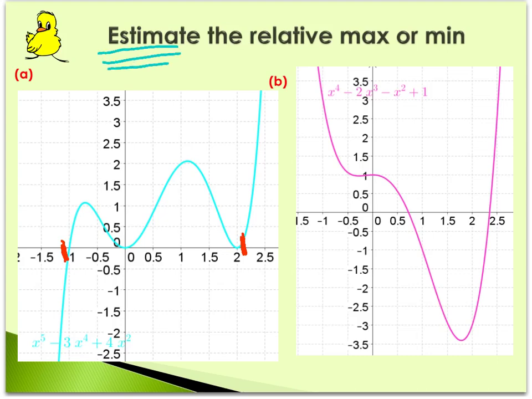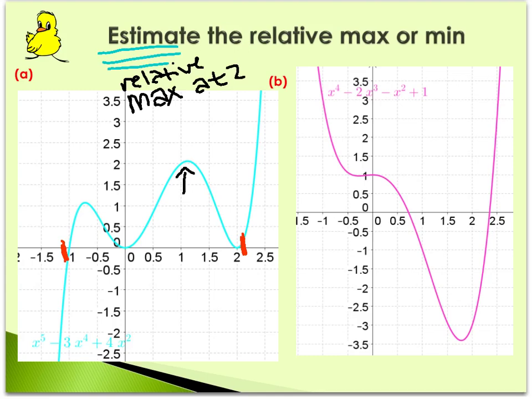I just want you to kind of eyeball it when you look at the graph. So what value of y is being achieved right here? Well, that's at maybe approximately 2. So I would say my relative max is going to be at 2.